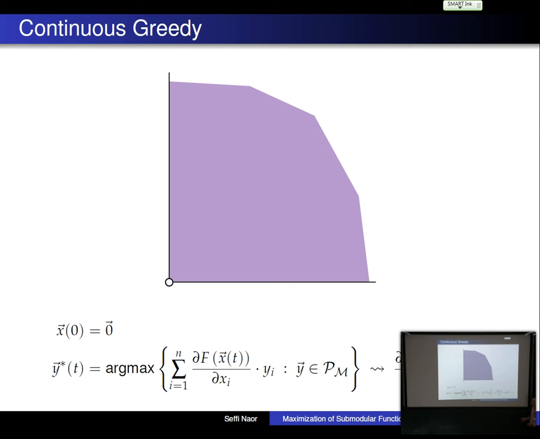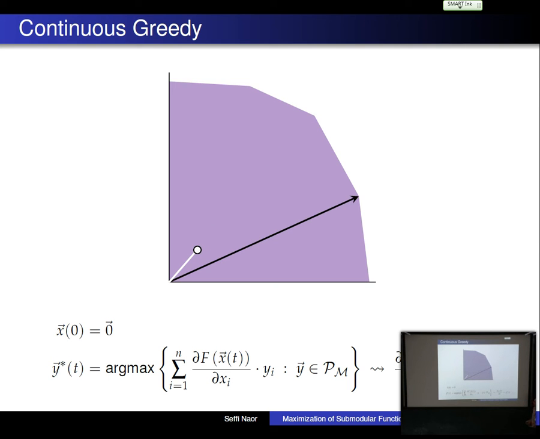Initially we start at 0. We find the vector y which maximizes the directional derivative. Let's say this is our vector. So we move an infinitesimal distance in that direction, and we run again. I'm describing the algorithm as a continuous algorithm.